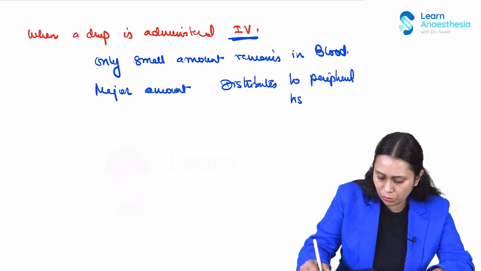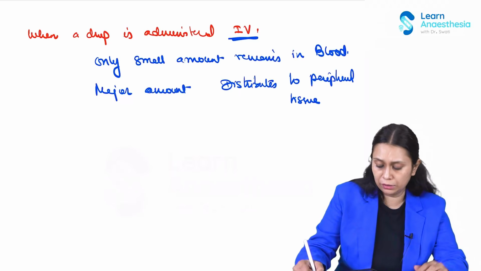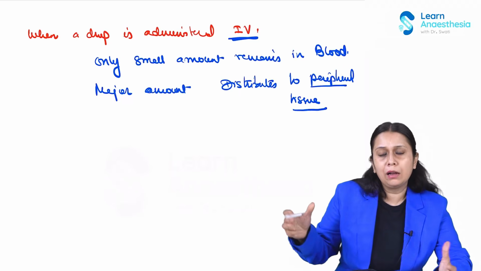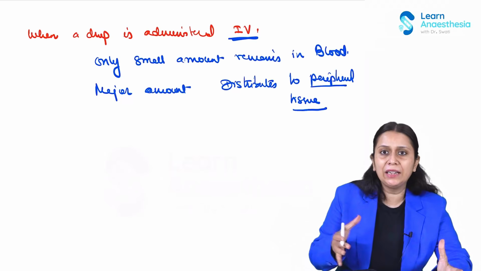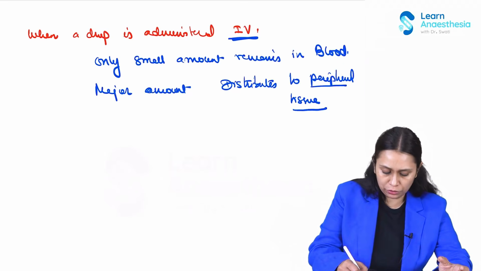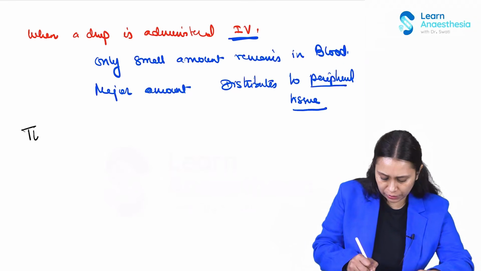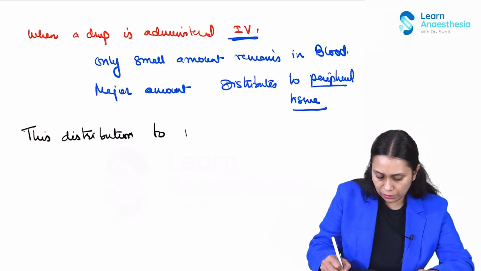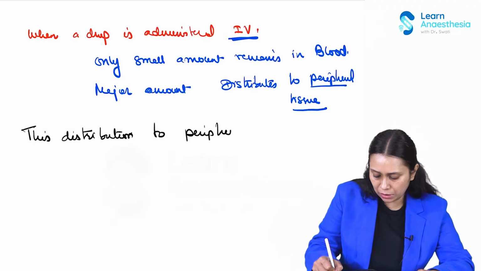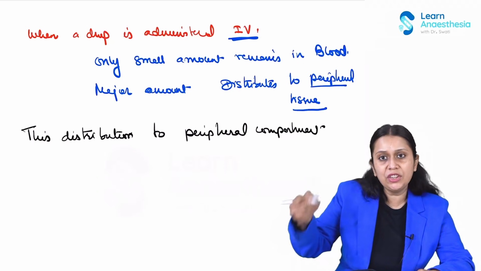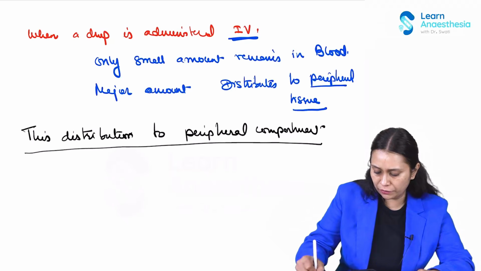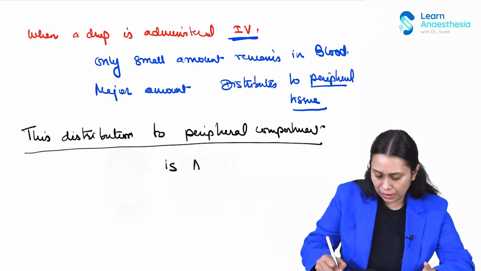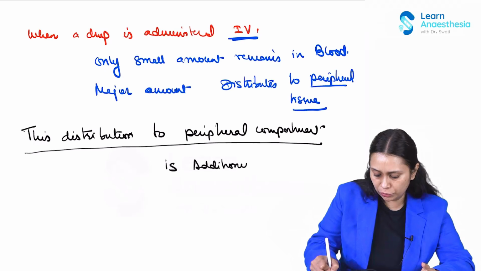So more and more it will get distributed. This additional volume of distribution would get added to the central volume of distribution. Distribution to the peripheral compartment, which is connected to the central compartment, is additional volume of distribution.